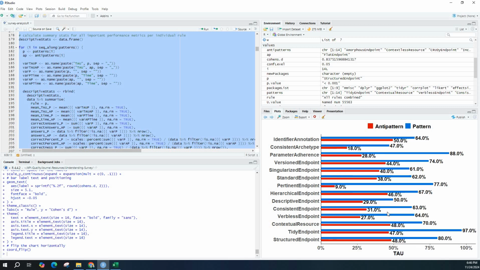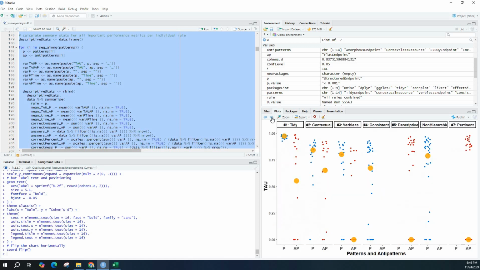For tau, the higher the tau is, the better. The blue bars represent patterns, and the red bars represent anti-patterns. Almost all of the categories of patterns have higher tau compared to anti-patterns. In this way we can say that anti-patterns are a little more difficult to understand compared to patterns.